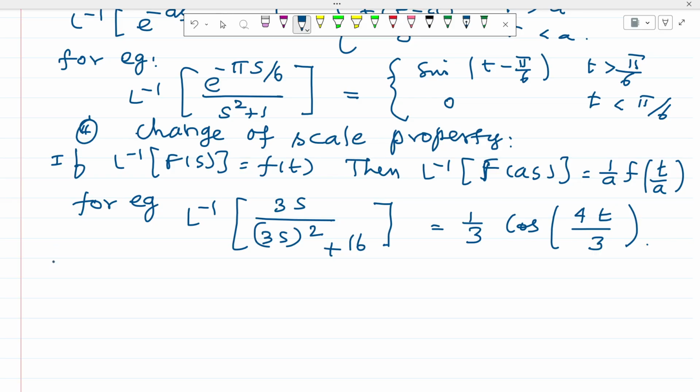Then the fifth property is the inverse Laplace transform of derivatives.